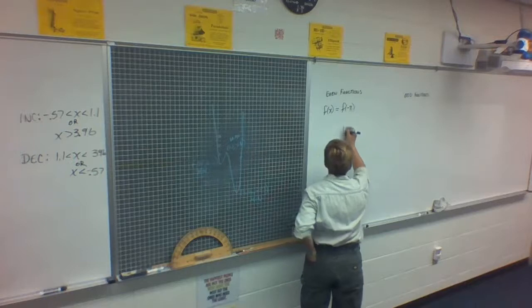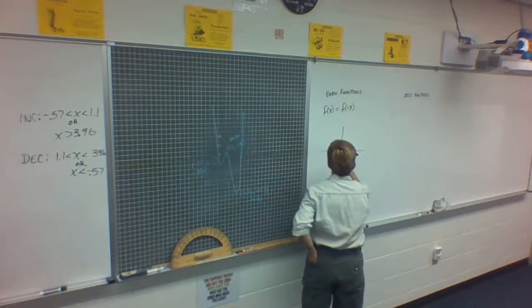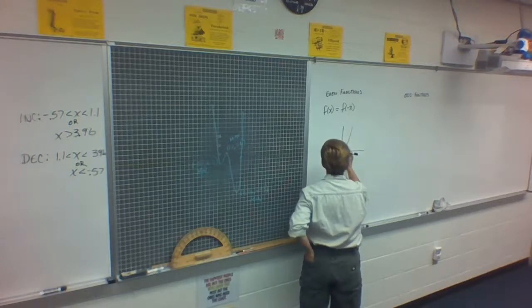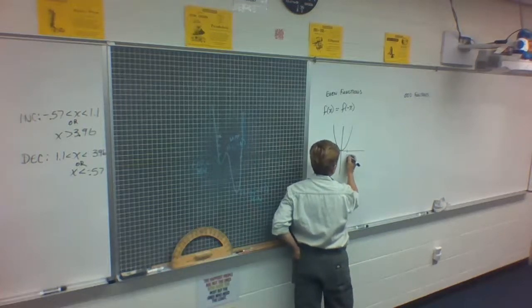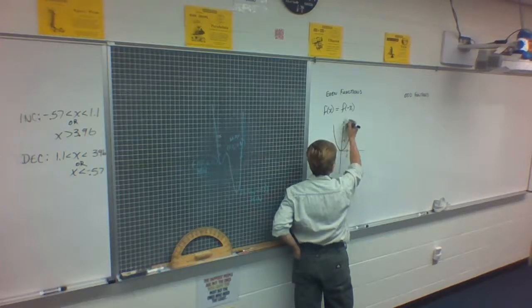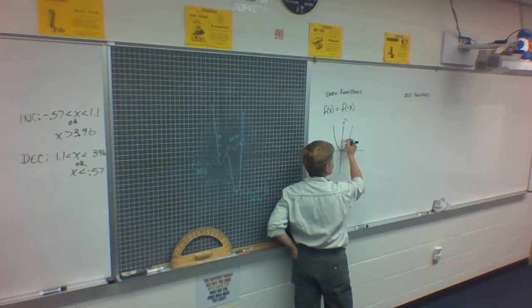But here's why. Think about this with me for just a minute. On the standard parabola that we had, and it will work for any even function, if I, for example, were to look at 2, and I went up to the graph, plot a point, this would have to be 4 if this was x squared, right? If I let x be 2, then y's got to be 4. So this is a point on the graph.